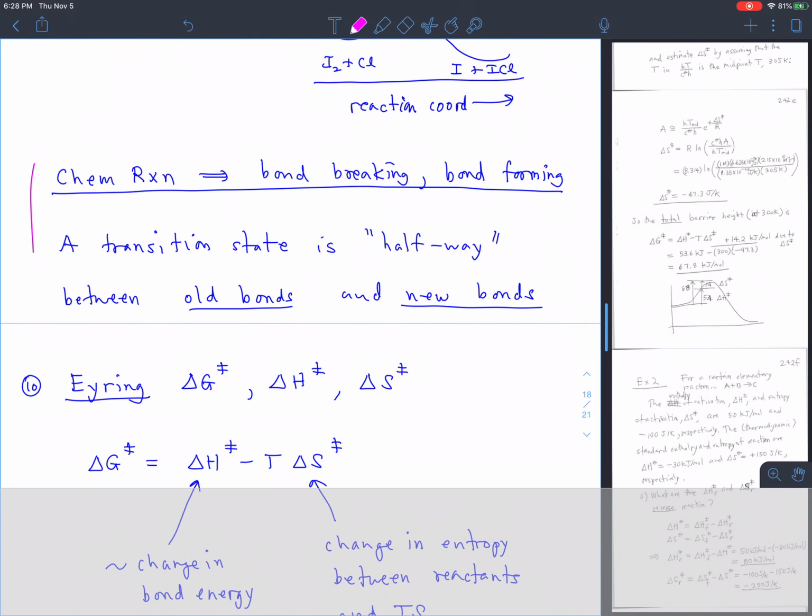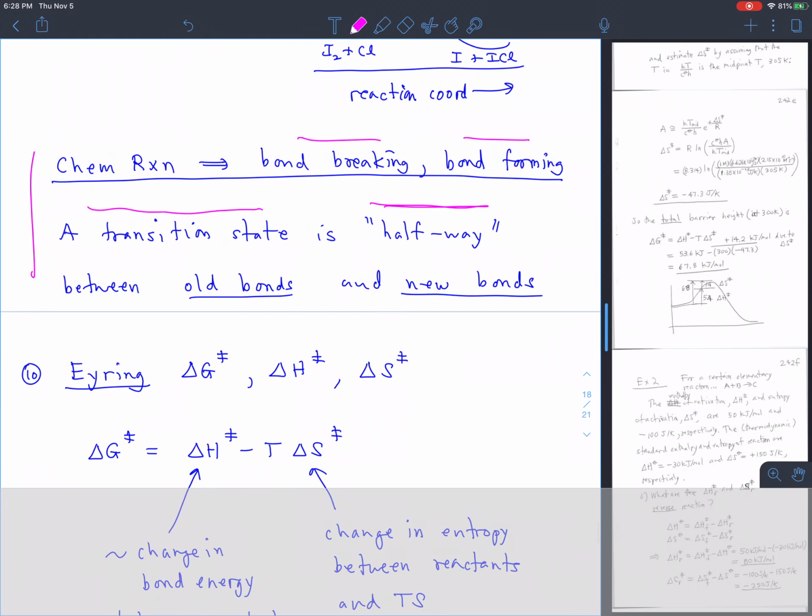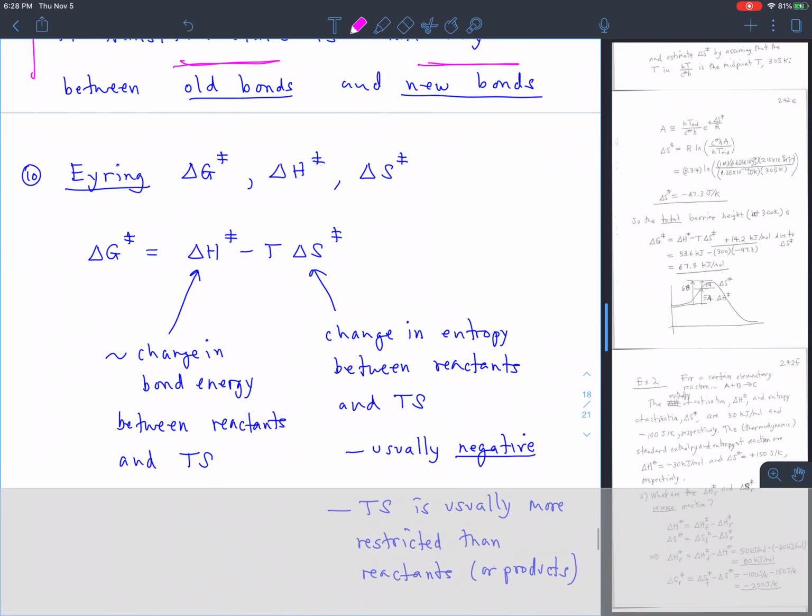All right, so a chemical reaction is a bond breaking and bond forming process, right? And a transition state is something halfway between the two. It's when the old bonds are breaking and the new bonds haven't yet completely formed.